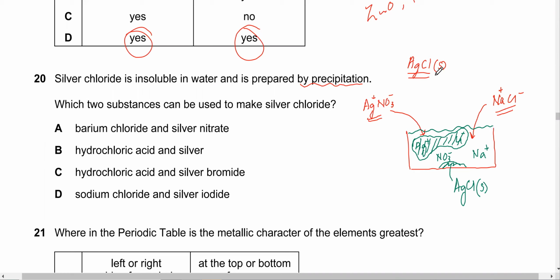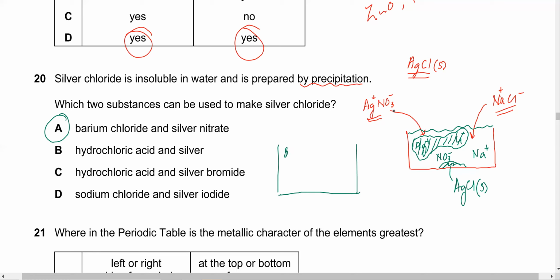Okay, if you want to make AgCl, think of two salts, one containing Ag plus 1, the other one containing Cl minus 1. But whatever the salts are, they should be soluble. So the correct option for this is going to be A. Okay, if you think of barium chloride is soluble.